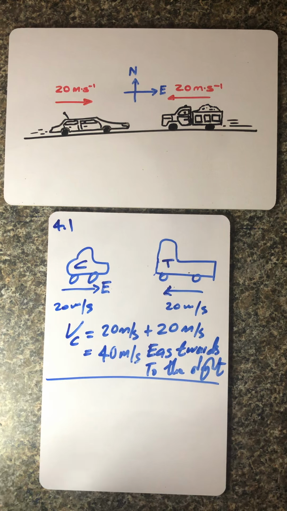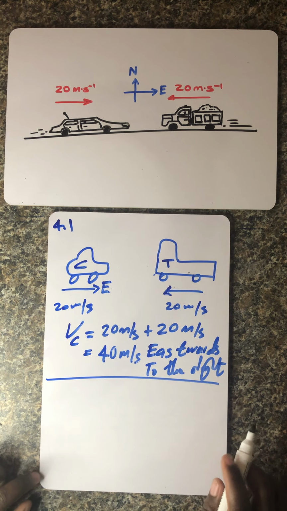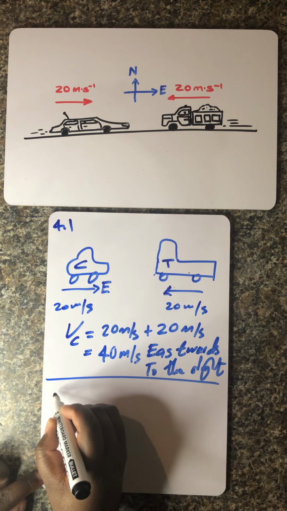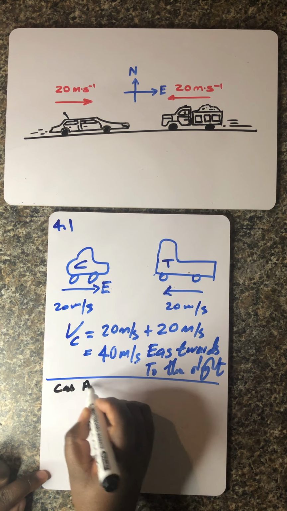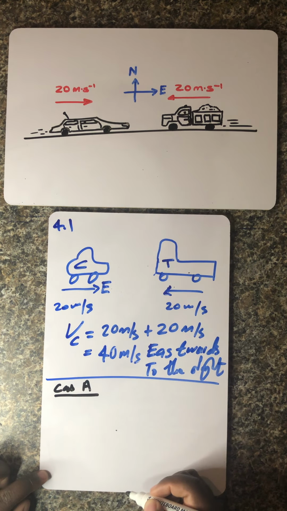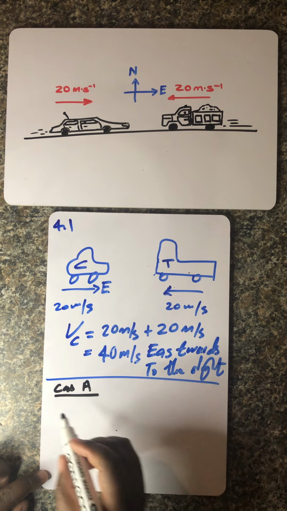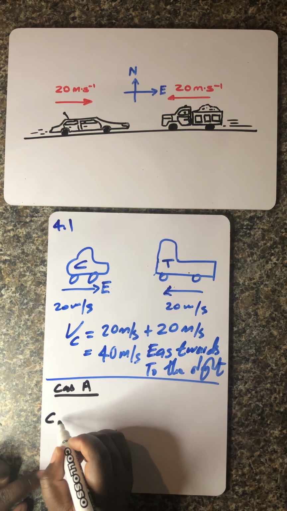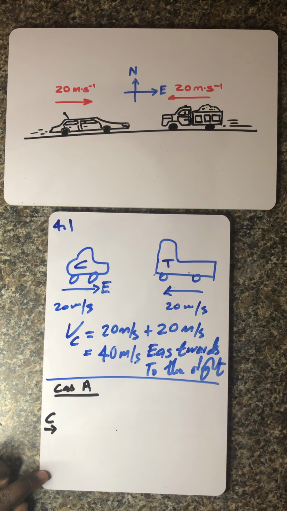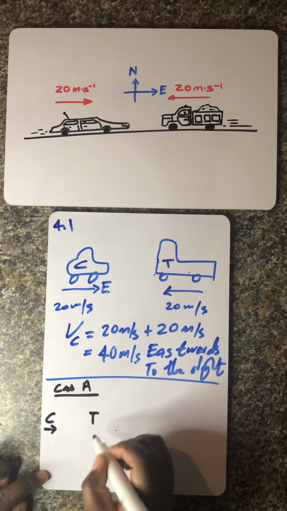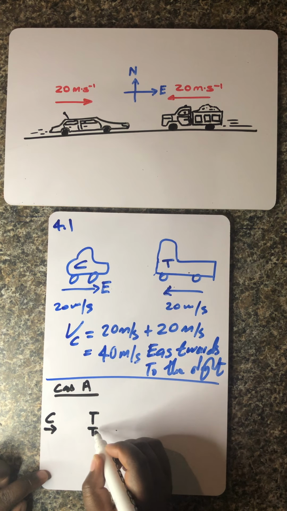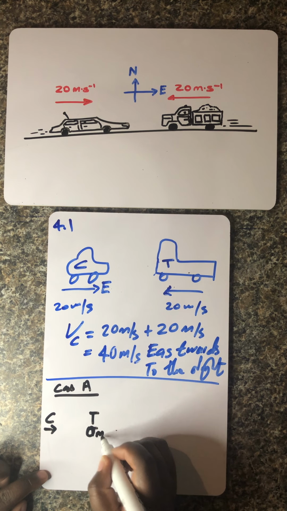Okay, so remember, guys, let's say, for example, this is case A. Let's say this car was moving in that direction, to the right. Let's say it was approaching this truck, which was not moving.